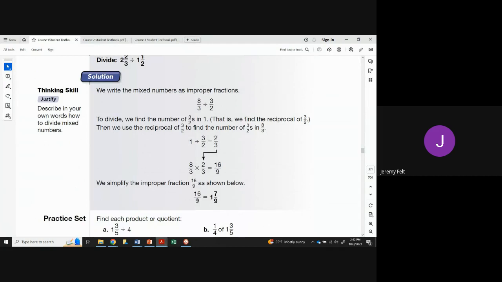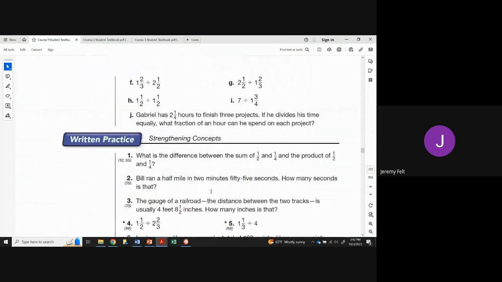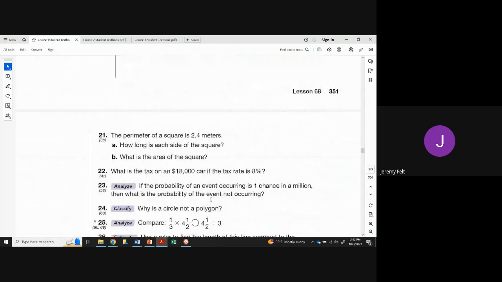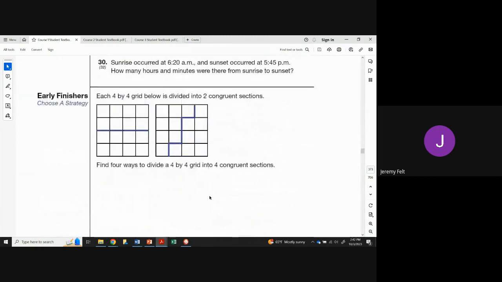Okay, 1 7/9, and then the practice set. We'll go over those in class, so don't worry about those. So remember, make it into an improper fraction, and then keep, change, flip, and then multiply by the reciprocal, which is what we're doing, and then reduce if possible.